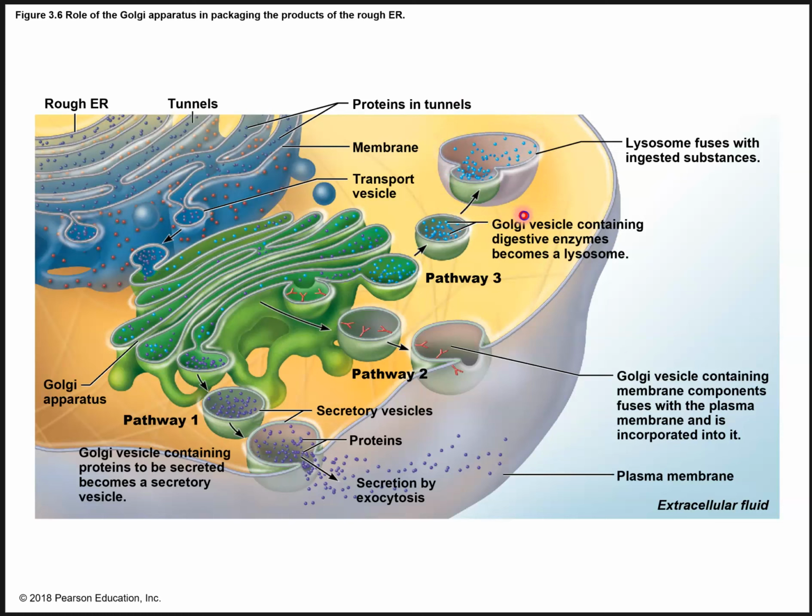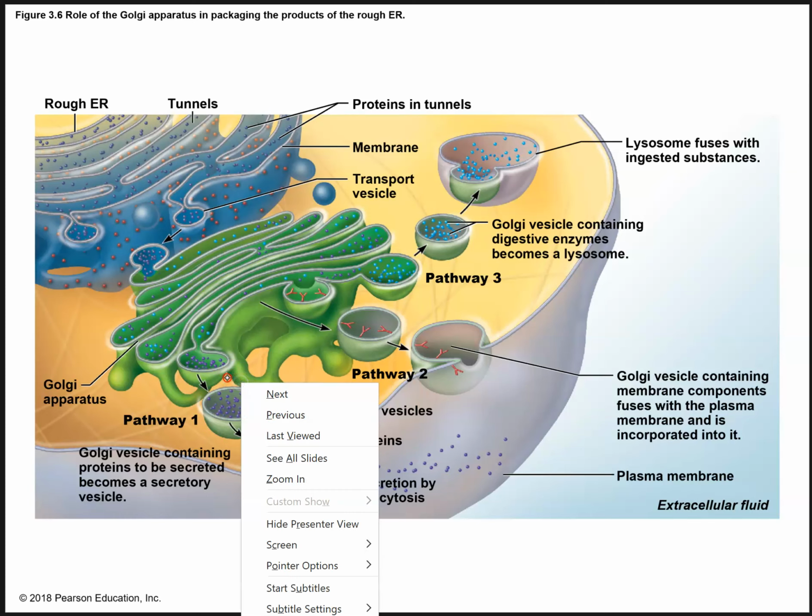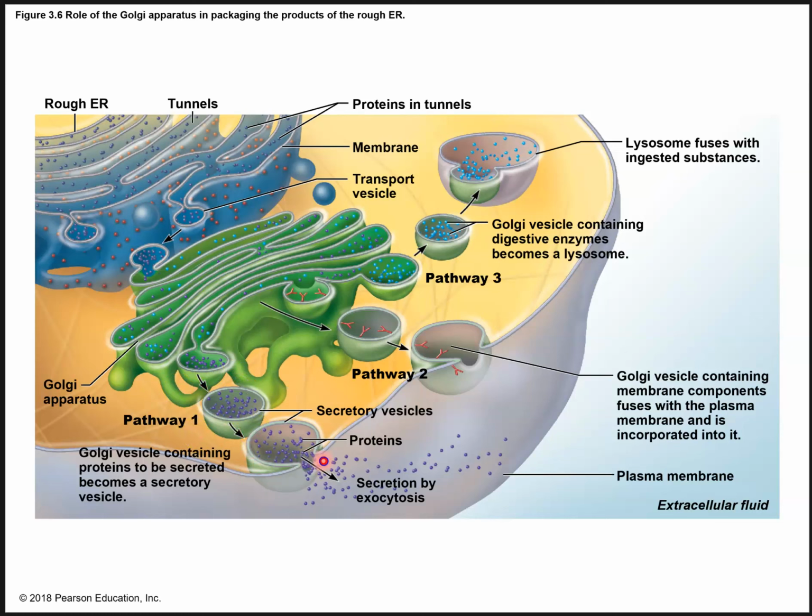We'll look at the function of the lysosome in just a second. And then the other possibility is that the Golgi apparatus may pass the protein molecules towards the plasma membrane to be secreted out of the cell. If anything is being secreted out of the cell, the process is known as exocytosis, meaning exiting a cell.